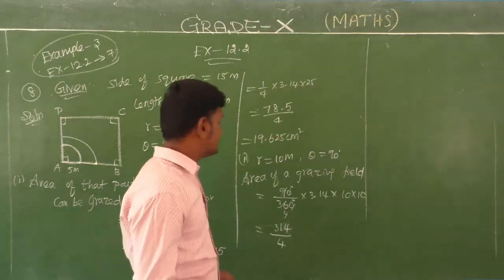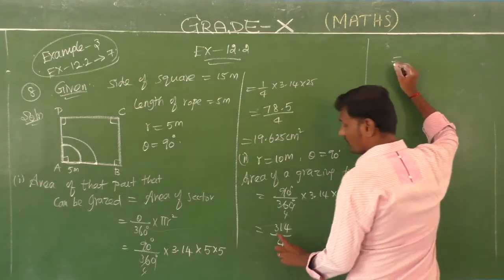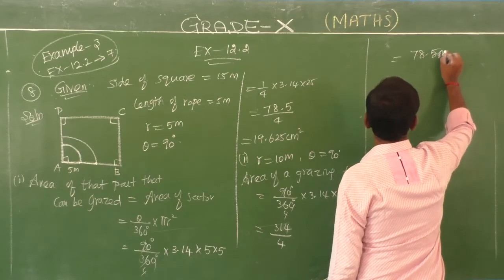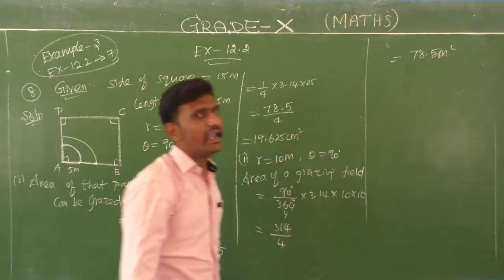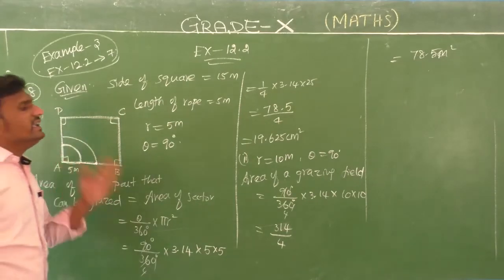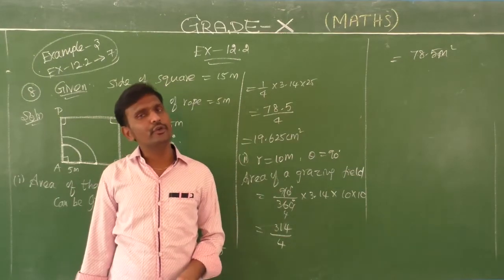So what is the answer? Sorry, 314 by 4 is 78.5 meters square. Okay, so this is the area that can be grazed by using 10 meter length of rope.